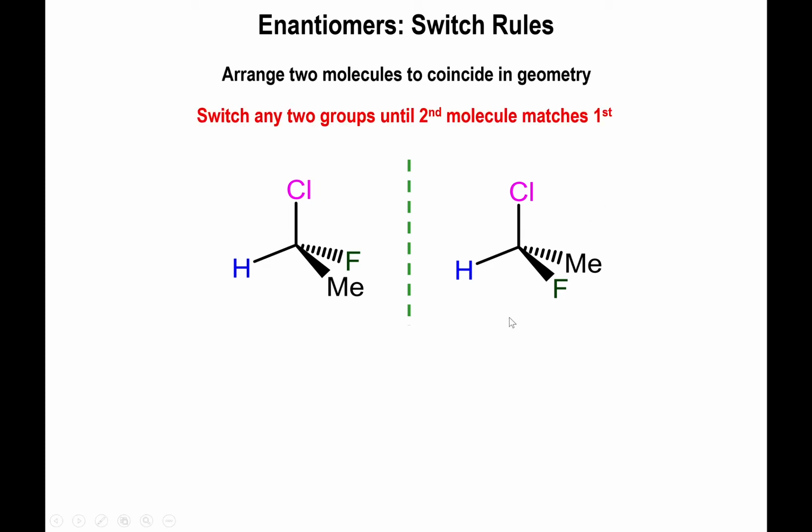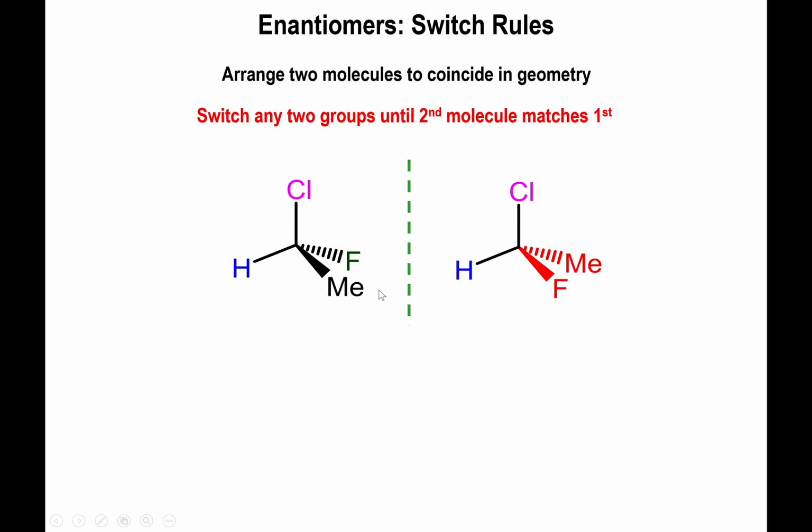So I'm going to show you, right, so this one doesn't match. So I'm going to show you a few techniques to try to get around the idea of determining whether something is chiral or not. So what we're doing right here is we are changing the molecule such that it coincides in geometry, right? So we only have the hydrogen pointing to the left, and we have these two groups pointing to the right. So this is the method of switching. And what we're going to do is simply switch two groups at a time. And we're going to keep track of how many times that happens on the second molecule to make it look like the first molecule.